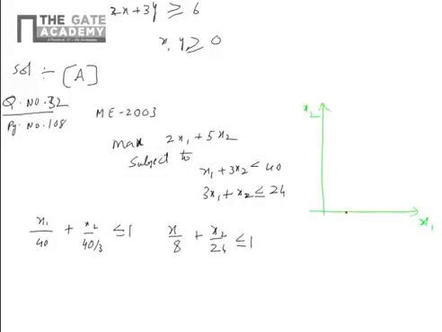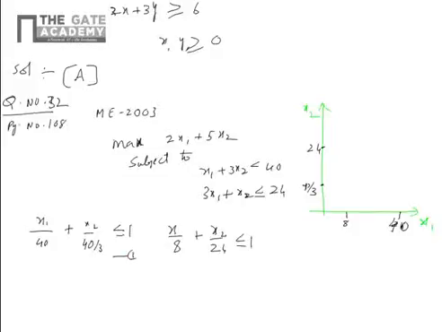So x1 value varies from 8 to 24, and x2 values vary from 40 by 3 to 24. Okay, then draw the lines.